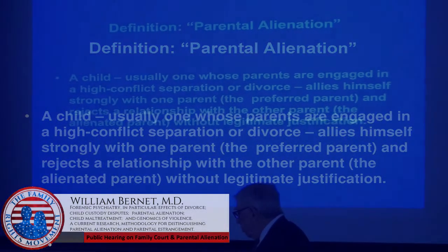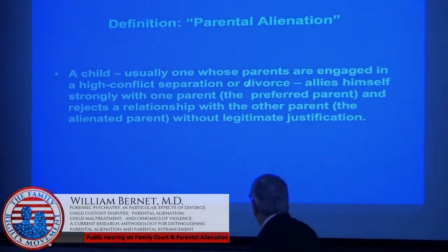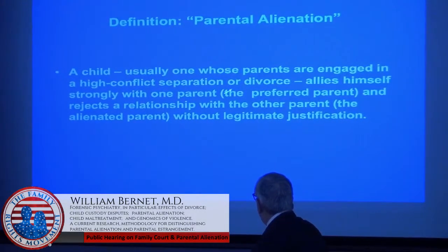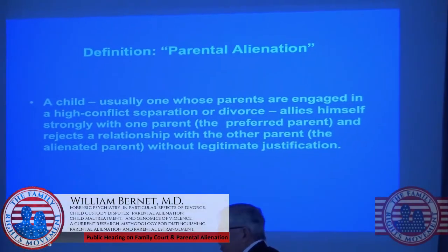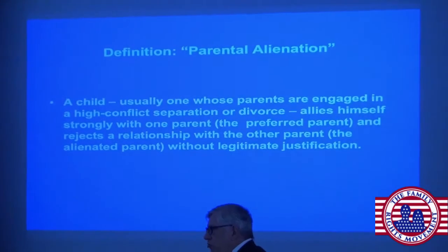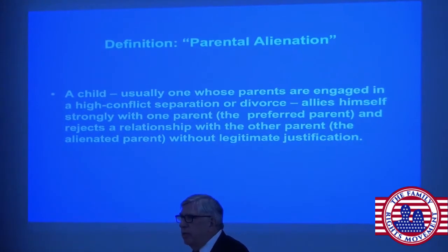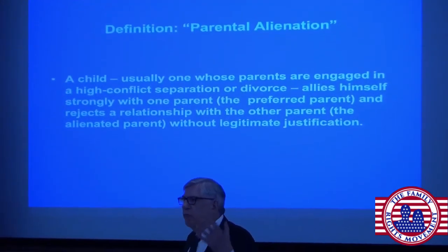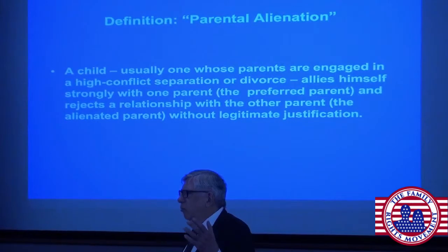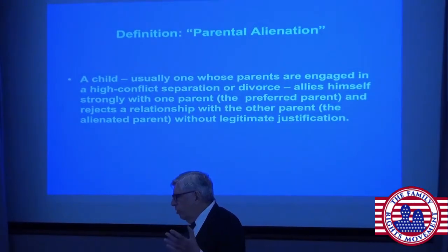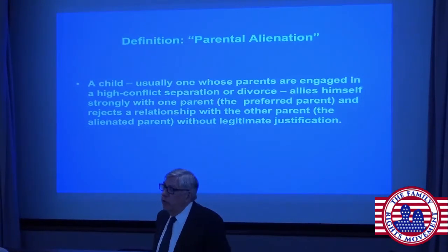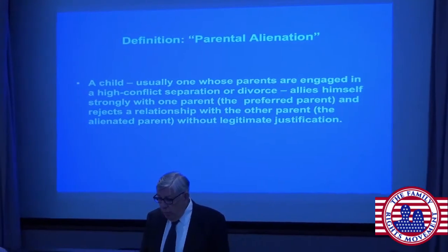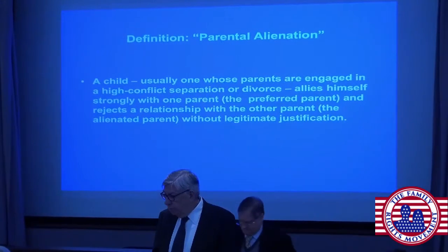The main points here are that this usually takes place in a divorce situation, and that secondly, it's without legitimate justification, because if a child wants to reject a parent and there's a good reason, that's something else. That makes sense. What we're talking about is the child rejects a parent and there really isn't a good reason, and frequently the child is put up to it or indoctrinated by the preferred parent to do that.